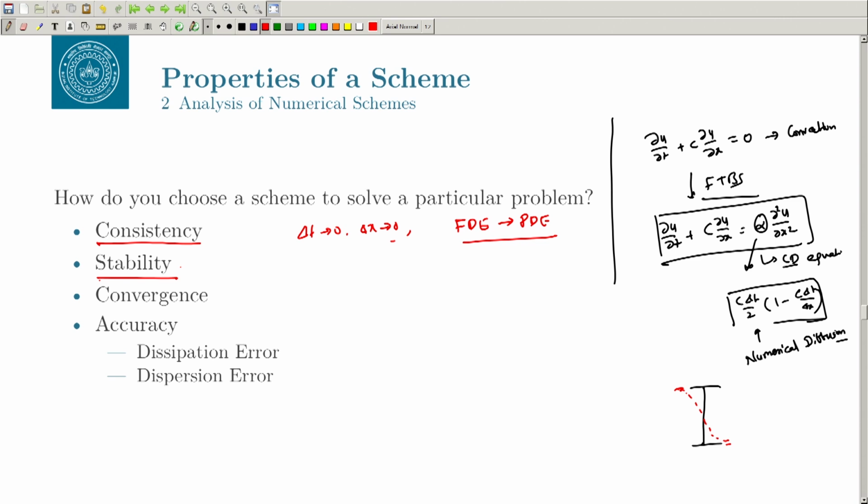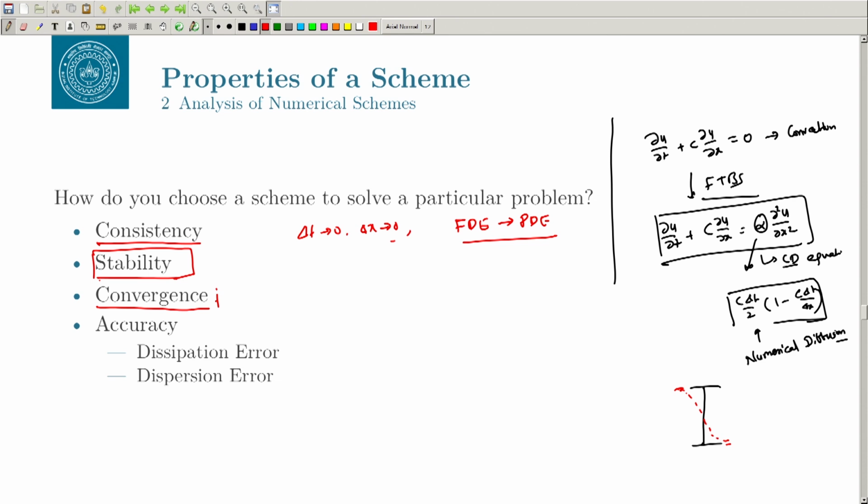Finally, the third is convergence. Convergence is also a term you might be using very often in your CFD. You are trying to solve a problem on the computer, and let us say you have an analytical solution available from your fluid mechanics or physics.